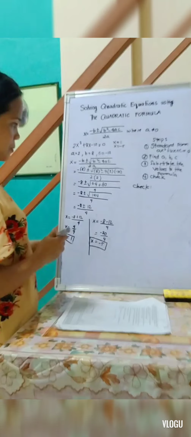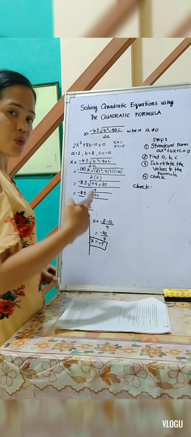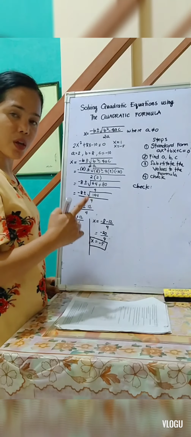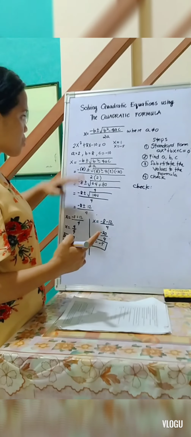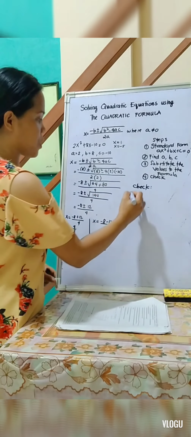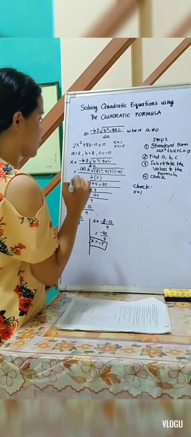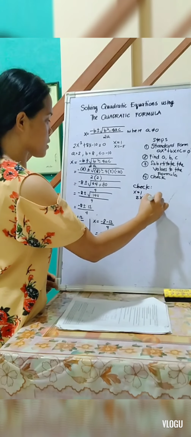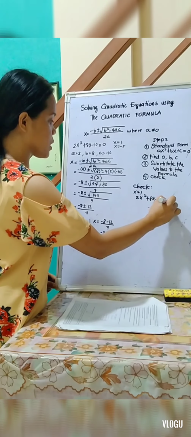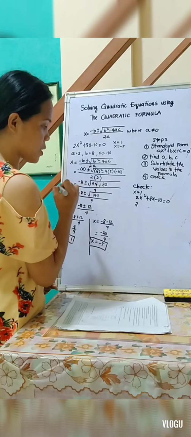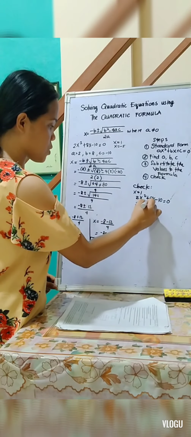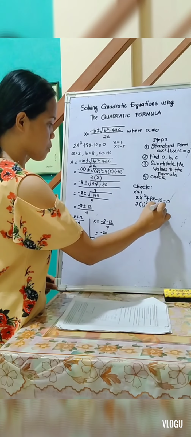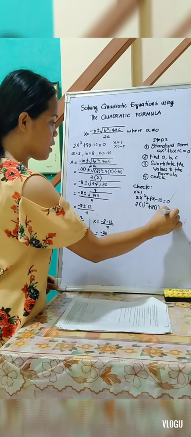So let's check. Again, when checking, substitute the solutions to the original equation. We start with x equals 1. So 2x squared plus 8x minus 10 equals 0. Substitute the value of x: 2 times 1 squared plus 8 times 1 minus 10 equals 0.